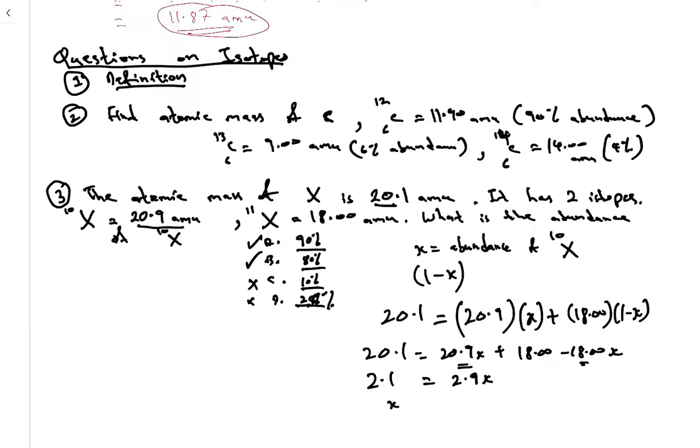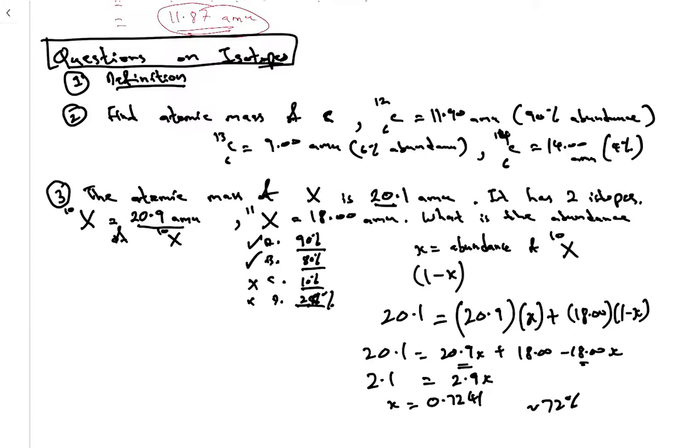And therefore, X will be equal to 2.1 divided by 2.9, which will be 0.7241 or something like that, and the percentage would be roughly equal to 72%. So if I am forced to choose an answer between 90 and 80, I will choose the 80 for the 10X isotope. Okay, so I hope you are clear about the question that can be asked on isotopes.